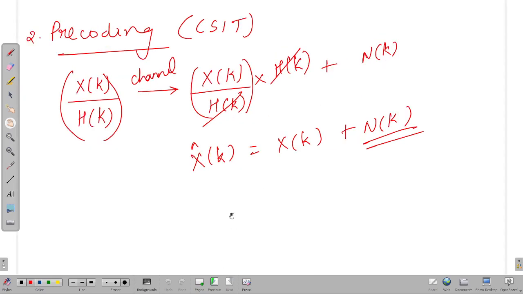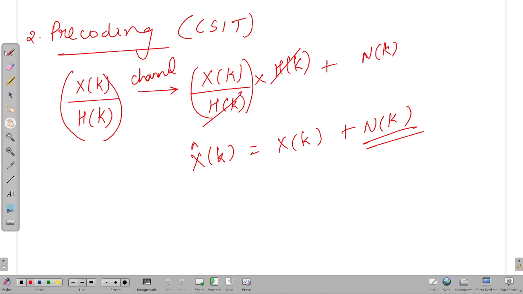But in pre-coding, you have compensated at the transmitter end, which means at the receiver end automatically this fading coefficient gets cancelled and you have the noise term added with it.